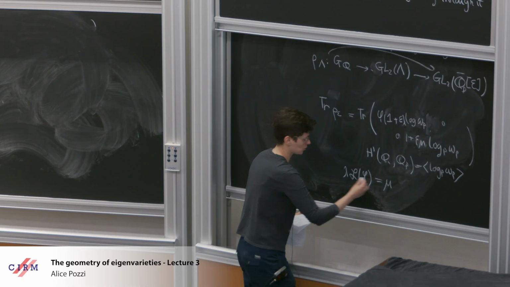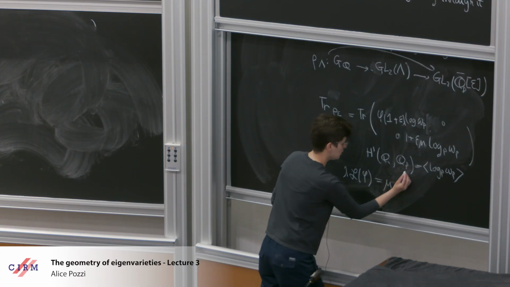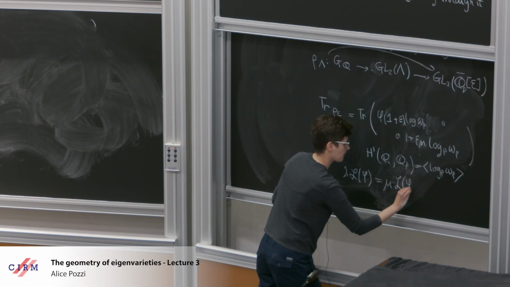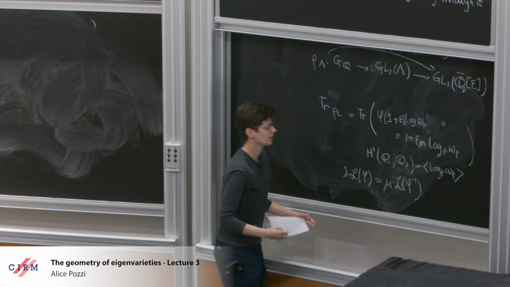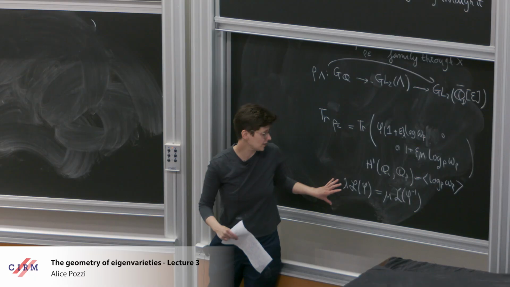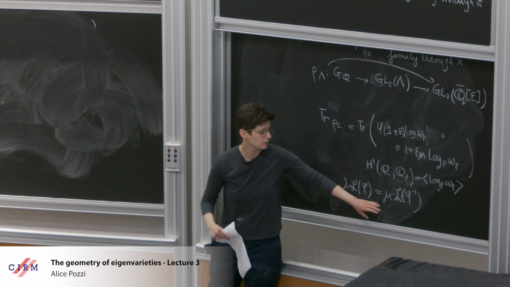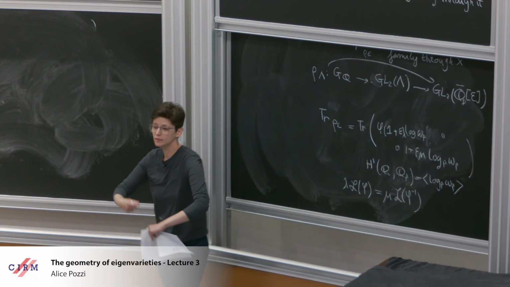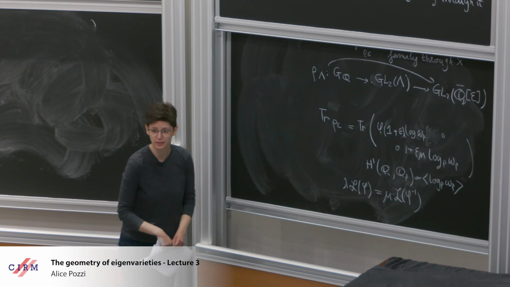There is really a symmetry between the two. But the nice thing is, these can be written in terms of logs of the p-units that appeared in the previous formula.